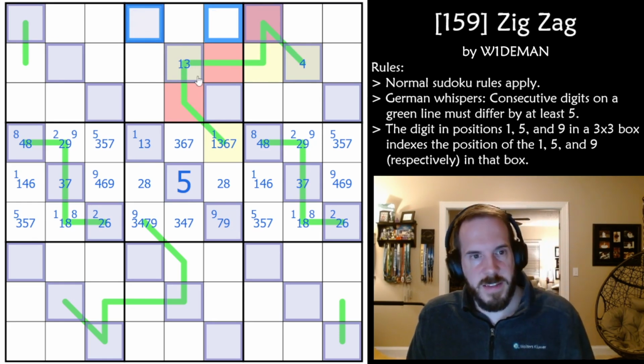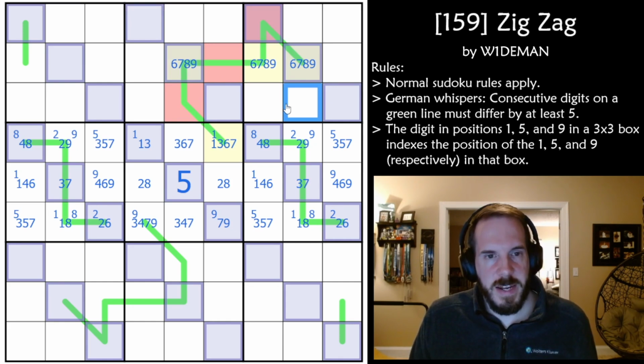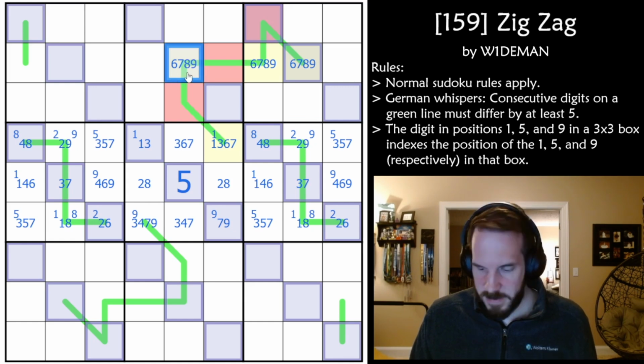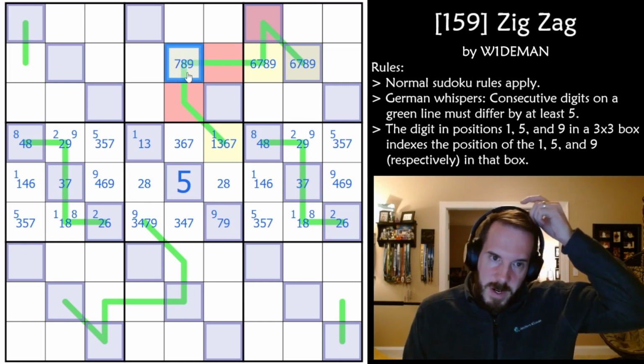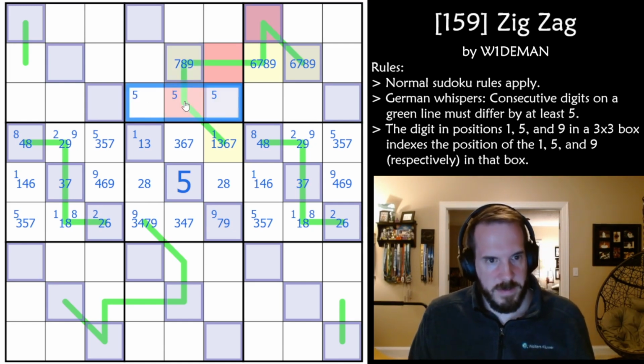So I sort of lucked into that example here, but the point stands that actually yellow in this line is high. So from 6, 7, 8, 9, this can be a 6 with the 1 here. This could be a 6 with both 1s, but this can't be a 6 for a couple of reasons. And so now the 5 in this box is in one of these 3 spots.